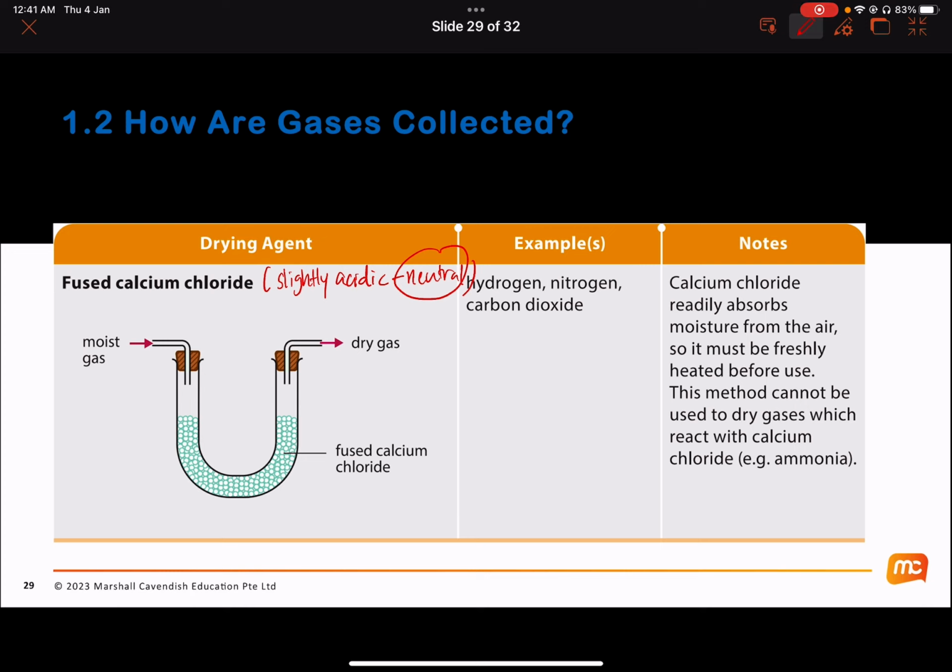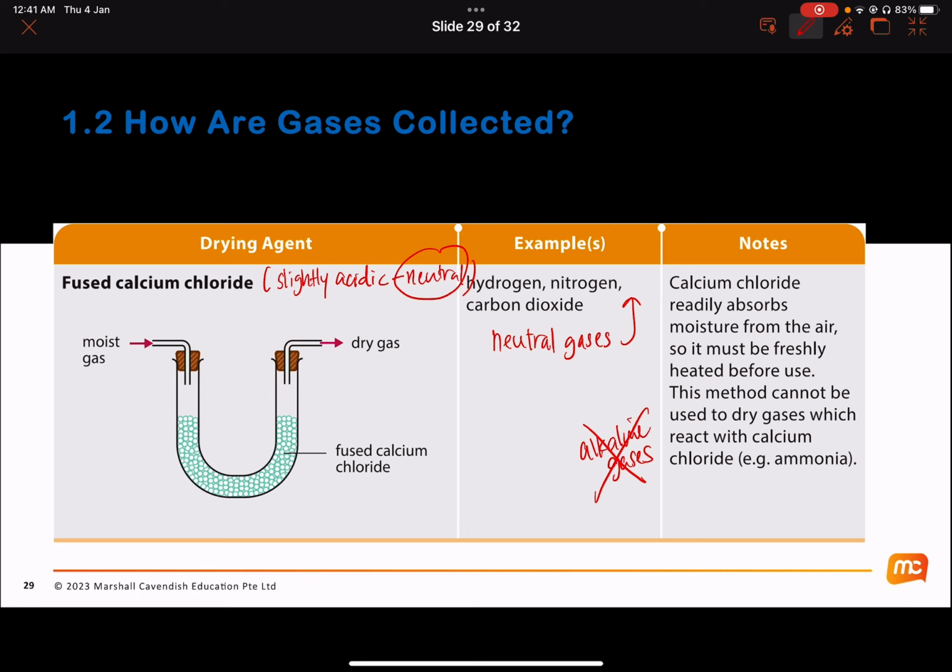It will be good for drying neutral gases, such as nitrogen, hydrogen, and maybe a little bit of acidic gas like carbon dioxide. But your alkaline gases are definitely a big no-no.